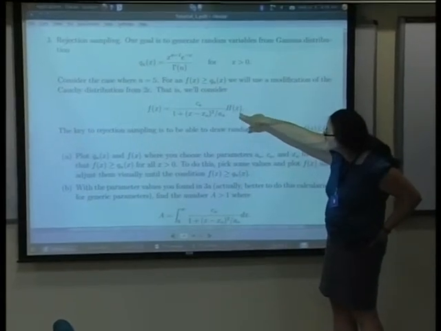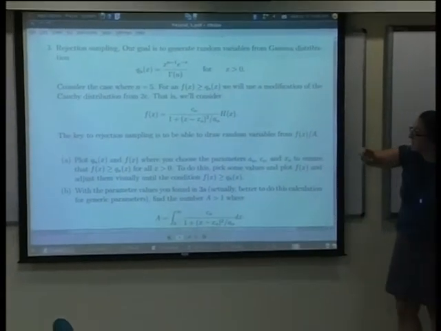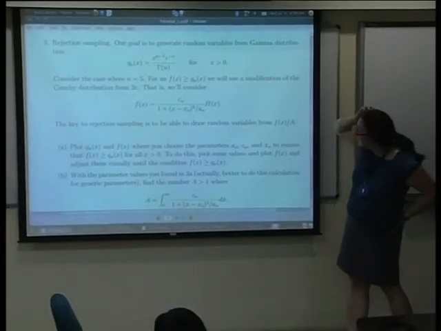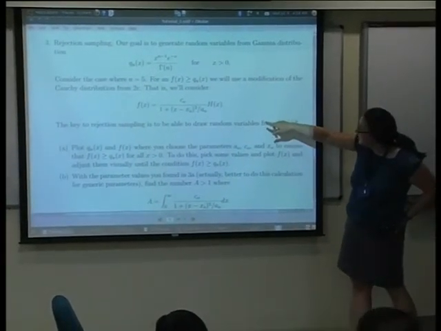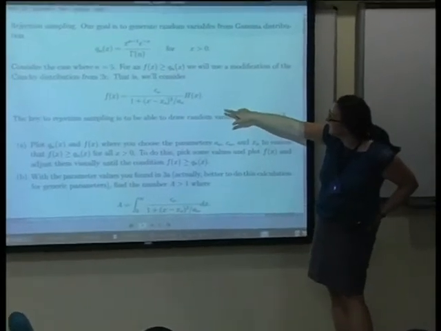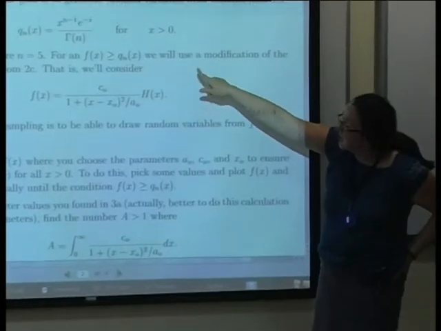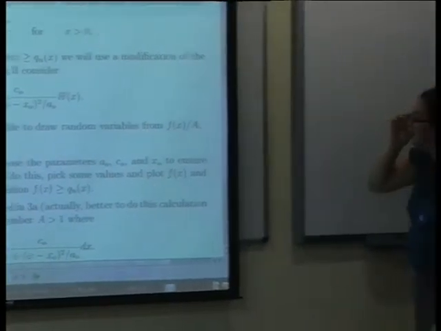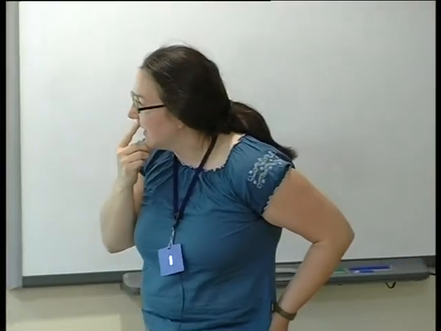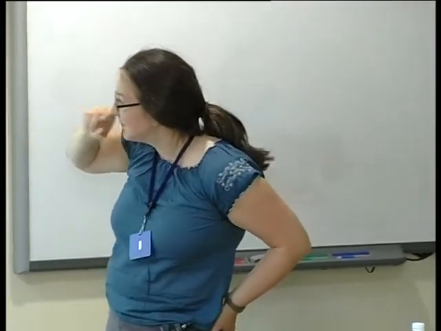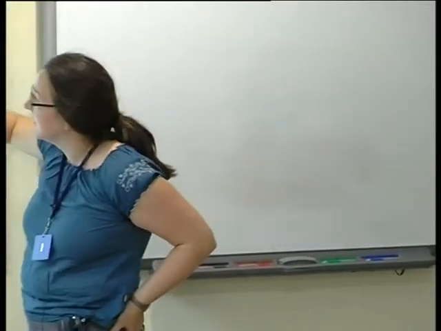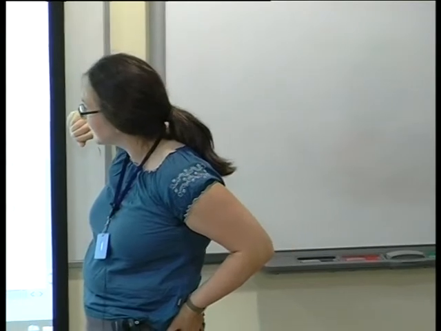Once you have a C naught, X naught, and A naught, you get your function here, this sort of Lorentz-like or Cauchy-like function, to be above Q, to be above the distribution we're interested in, then you can use it in your rejection sampling. Okay, so that's the first piece of the battle, which is just plotting. All that is plotting to pick those numbers.